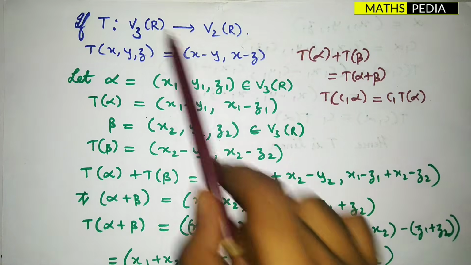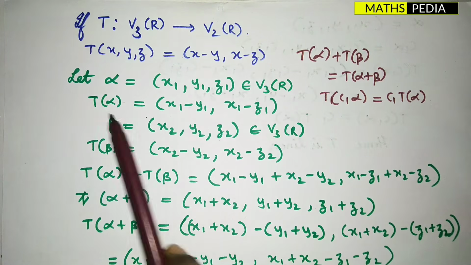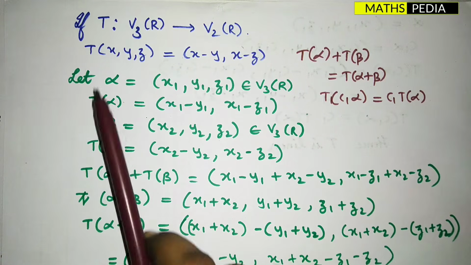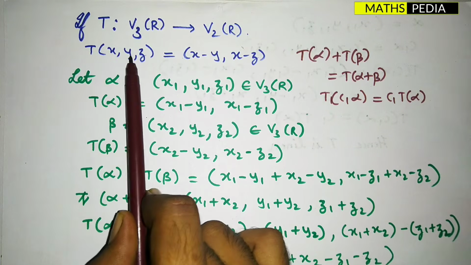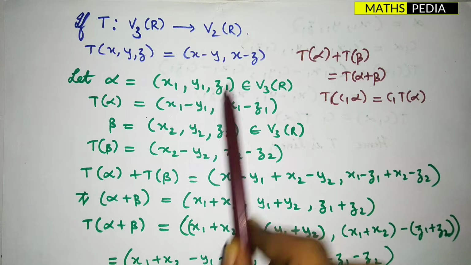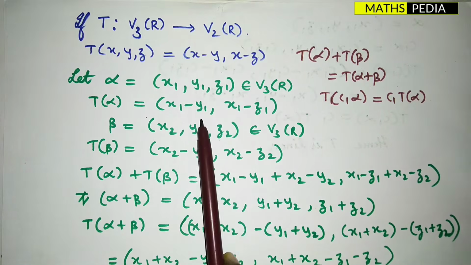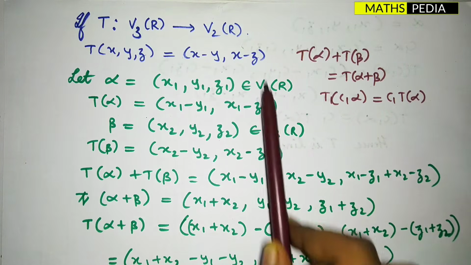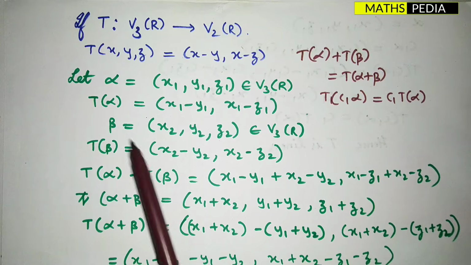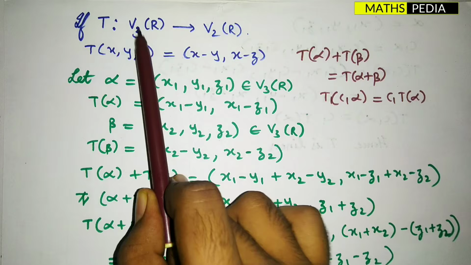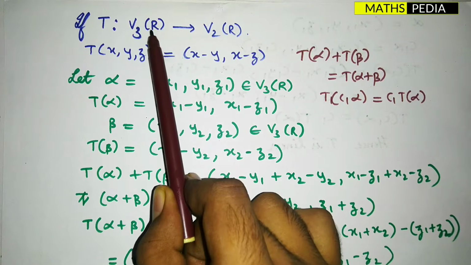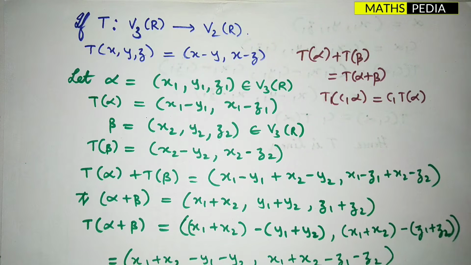Now what is T of alpha? Just replace x, y, z with x1, y1, z1. You will get x1 minus y1 comma x1 minus z1. Next, we'll take beta as x2, y2, z2, which belongs to the same space from where you are going to map.